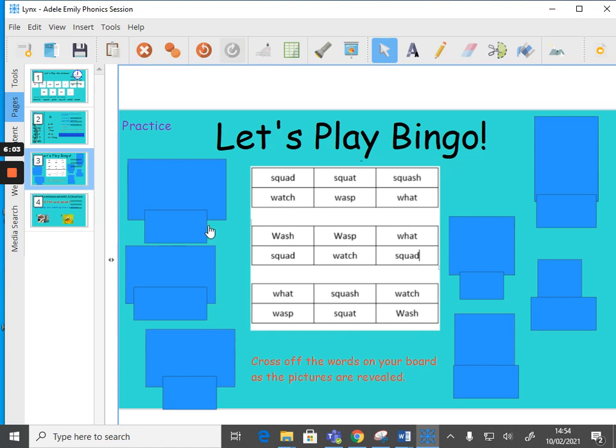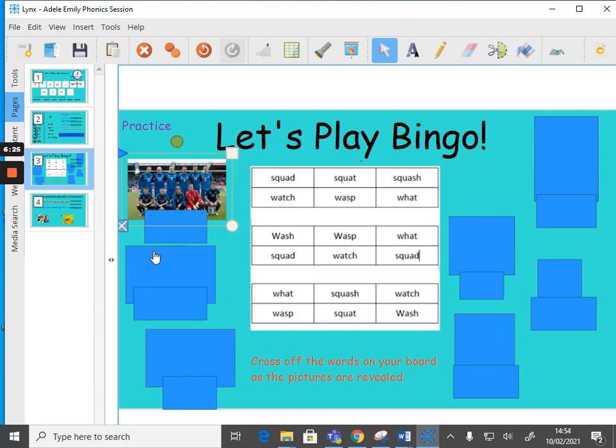Now you know how it works. I am going to reveal a picture, and if you have got the word that goes with the picture on your board, cross it out. The first person to cross out all of the words on their board shouts out bingo, and you are the winner.